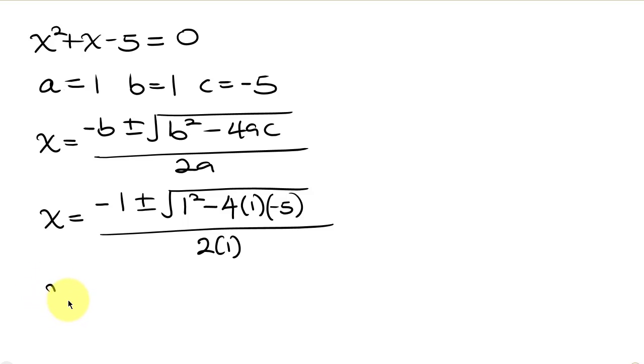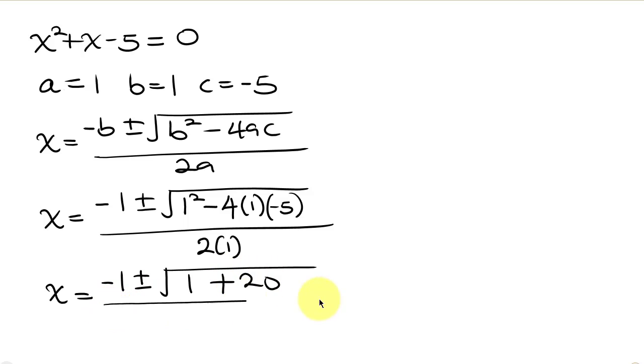So this becomes x equal to negative 1 plus or minus the square root of 1 squared is 1. And then negative 4 times 1 times negative 5 gives plus 20. All over 2 times 1 is 2.